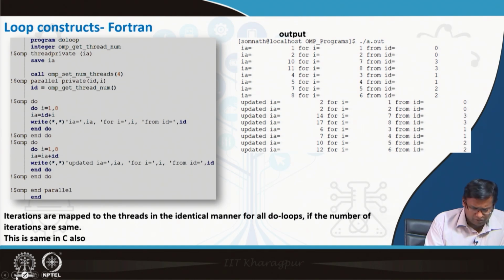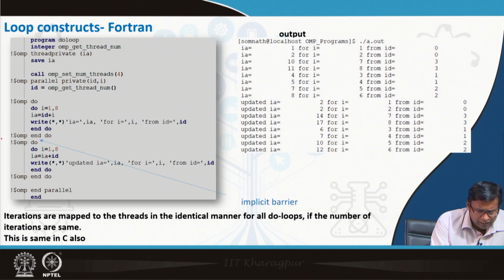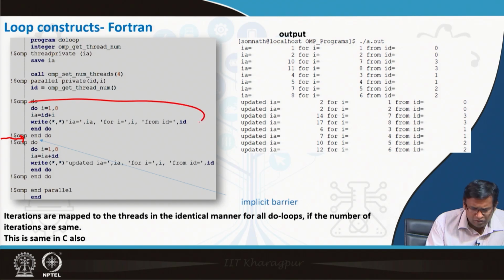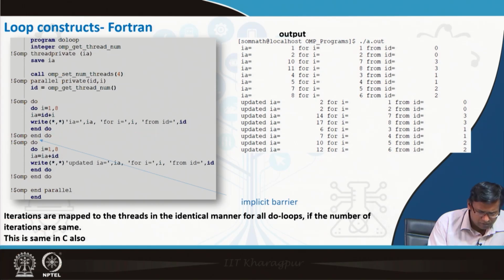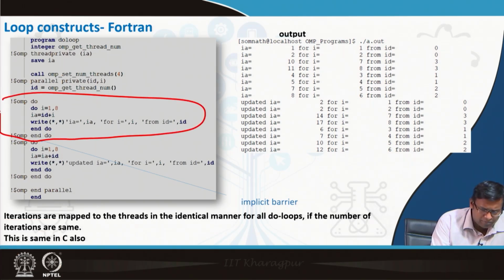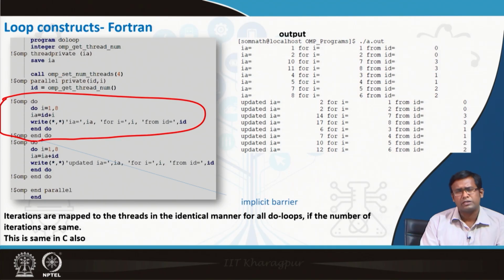This is the same for C also. And we can also see that if we write anything after the end do loop, or after the finish of the first parallel do construct, sorry, if we write anything after the end of the construct, this will be operated sequentially.